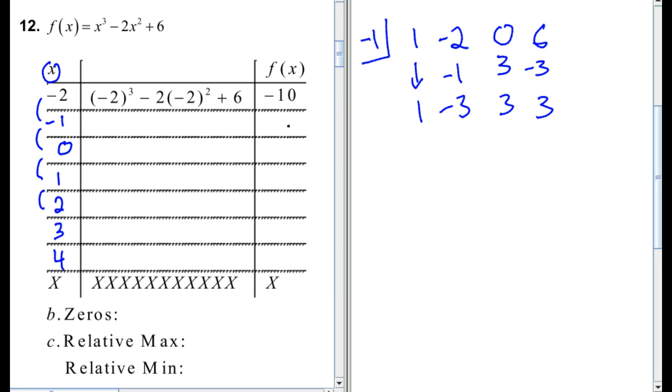So my guess is that you get 3 here. Is that correct? Good.